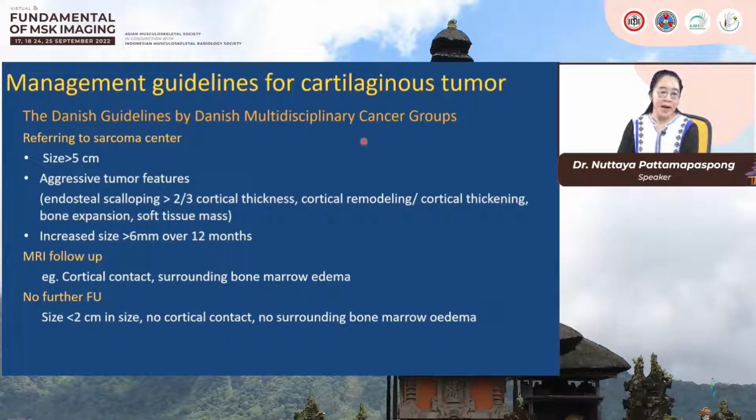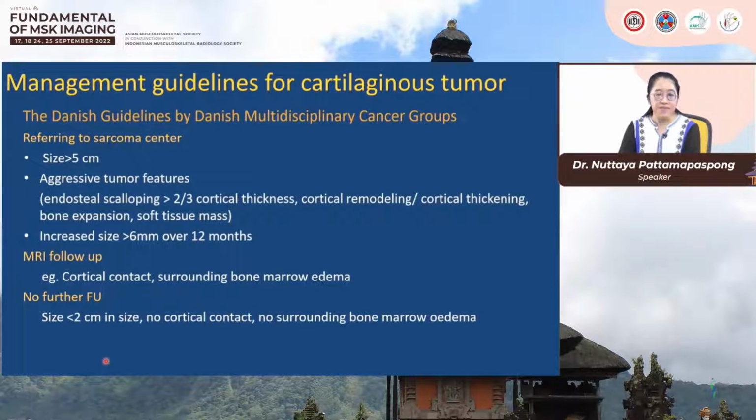When we look at the NIST guideline, the big picture of this guideline is to look at the lesion that's supposed to send patient to sarcoma center when the lesion size is over 5 cm, it has aggressive pattern which has cortical involvement, either cortical destruction or deep remodeling, or has bone expansion or increased size over 6 mm within 1 year.